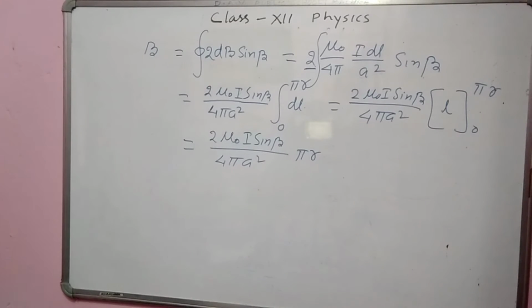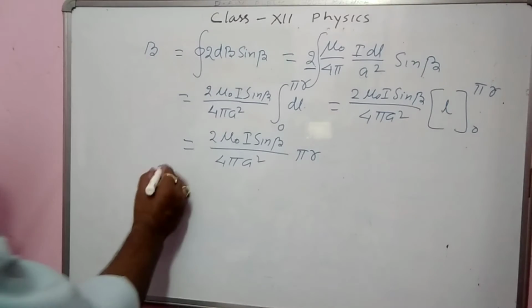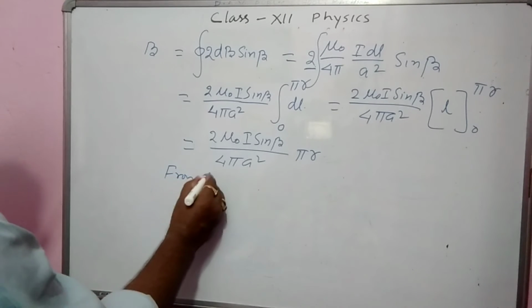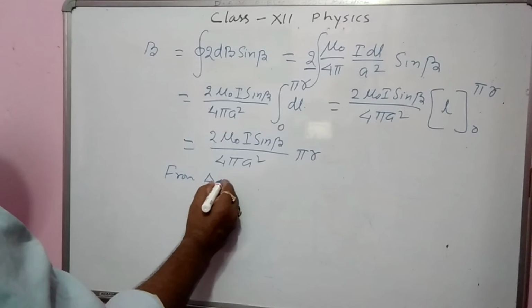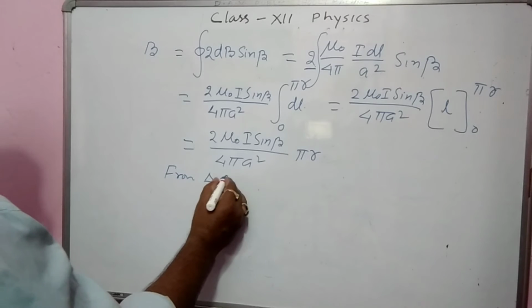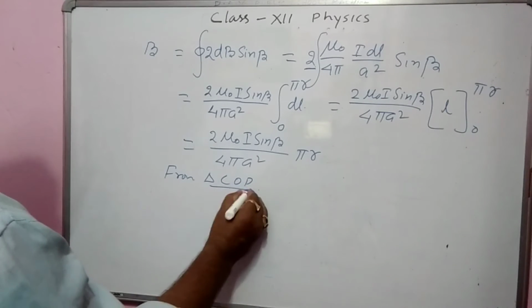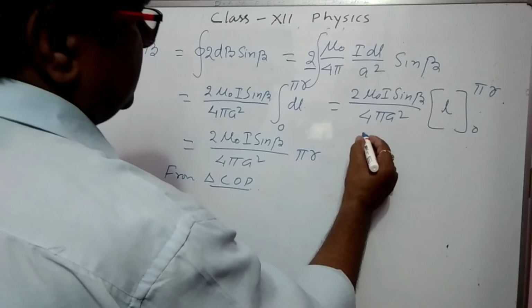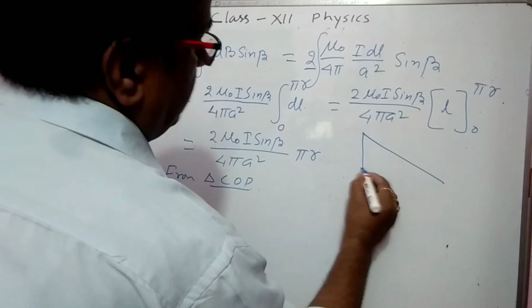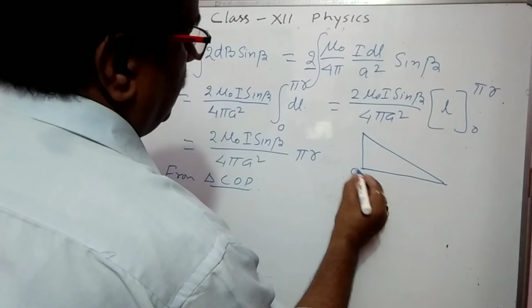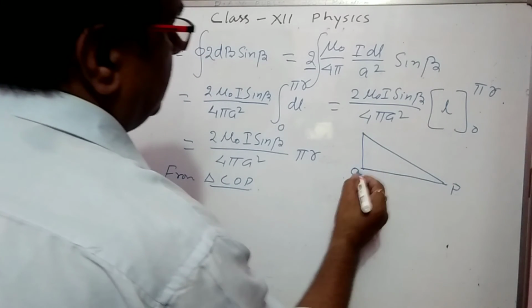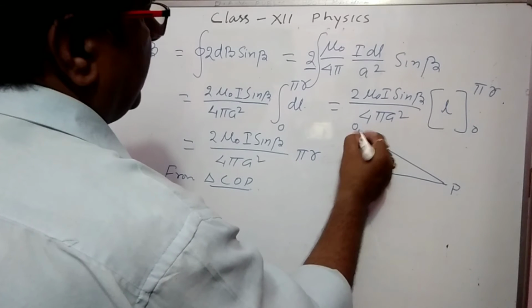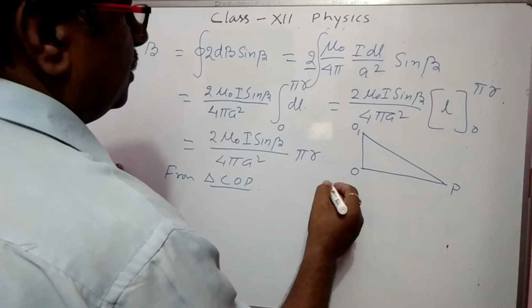Now from triangle COP in the figure. Here I have eliminated the figure, but the figure is like this. This point is O, this is P, this is O1.